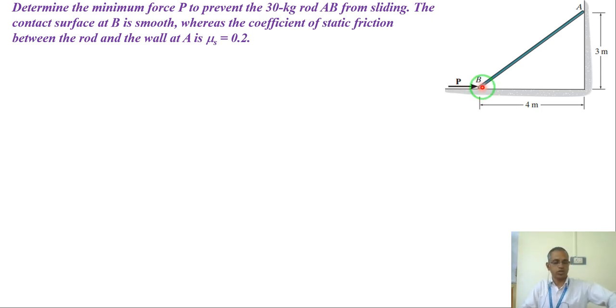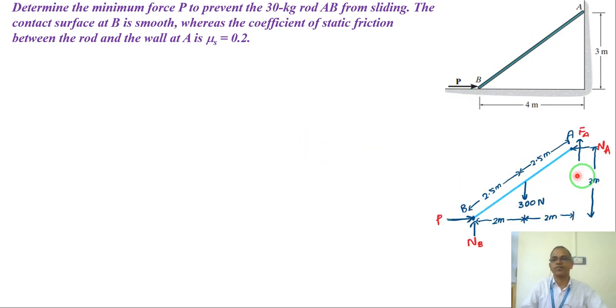This is the question. Now for all the ladder problems, very simple, we need to draw the free body diagram of this rod. In this case it is a rod, or I can consider this to be a simple rod. It also can be a ladder. So if I draw the free body diagram of this rod, it is something like this. Now this rod is touching the ground at B, so B will have a normal reaction, vertical.